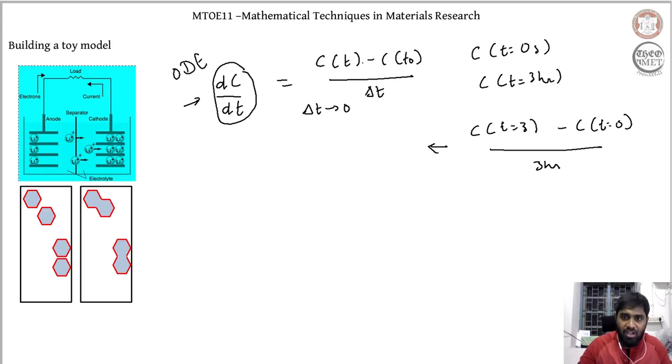When the amount of lithium ion in a specific electrode is higher, correspondingly my charge is higher. It means my charge is proportional to the amount or the number of lithium ions that I have in my electrode. So I have one specific electrode, and in this electrode the lithium ions are getting accommodated. The more the lithium ions are getting accommodated, the greater is my charge.